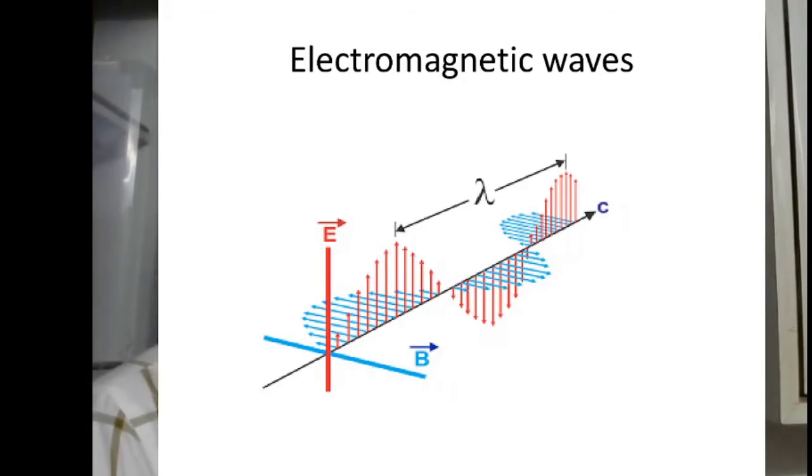If you take the B waves in the plane of the paper, then E waves will be perpendicular to the plane of the paper. Here you see this axis indicated with c. This is the direction of propagation of electromagnetic waves. Let us discuss these things later.